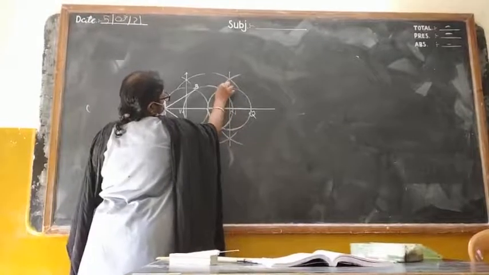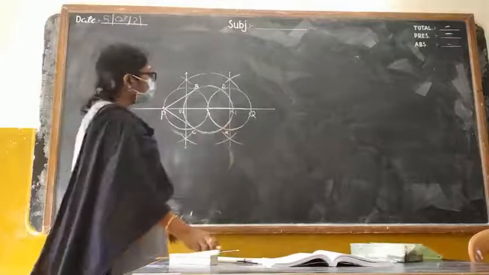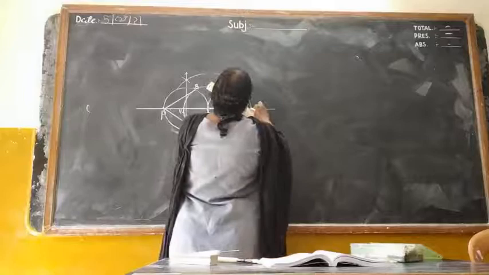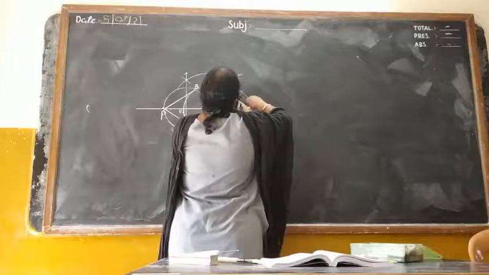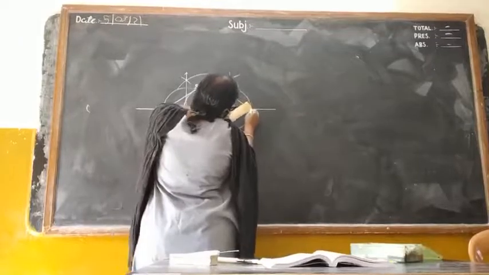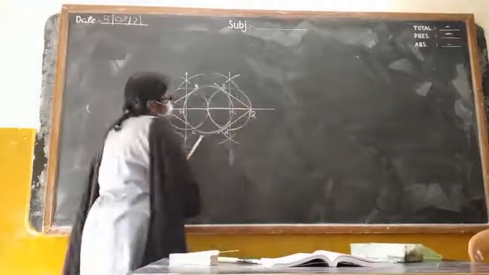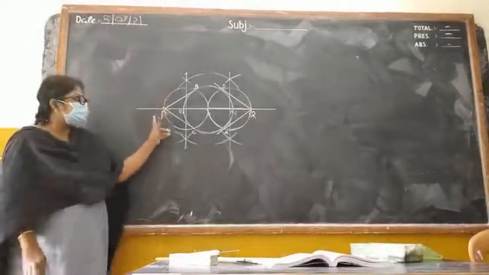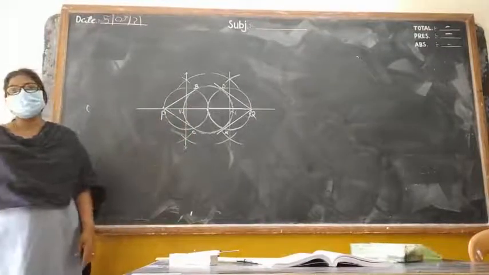Let us take that D and E. Join QD and QE. So the tangents are PB, PC, QD and QE.